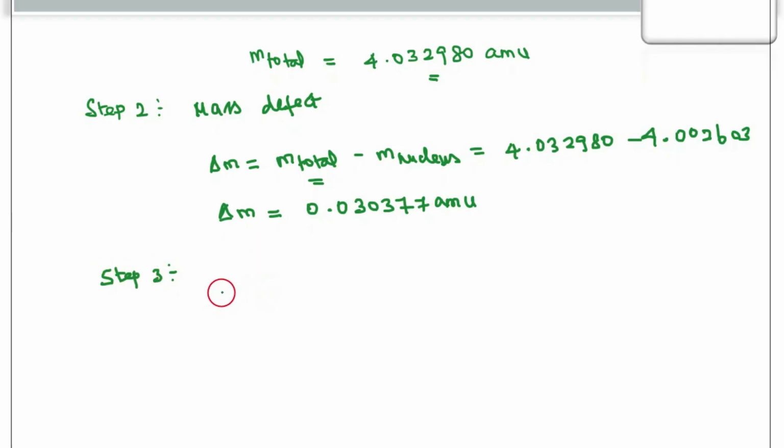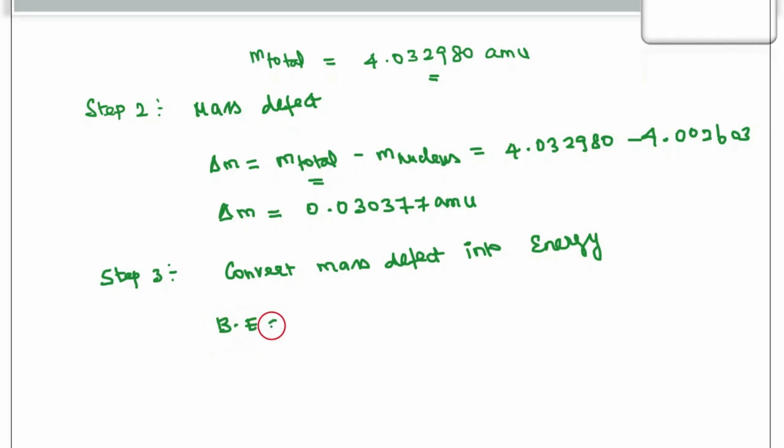then binding energy. அப்போ then convert mass defect into energy. அப்போ then binding energy, இப்போ நம்மளுக்கு mass defect தான் நம்ம கண்டுபிடிச்சிருக்கோம், that is 0.030377. அப்போ what is their 1 atomic mass unit? 1 atomic mass unit value na last class நம்ம சொல்லியிருக்கோம் 931.5.